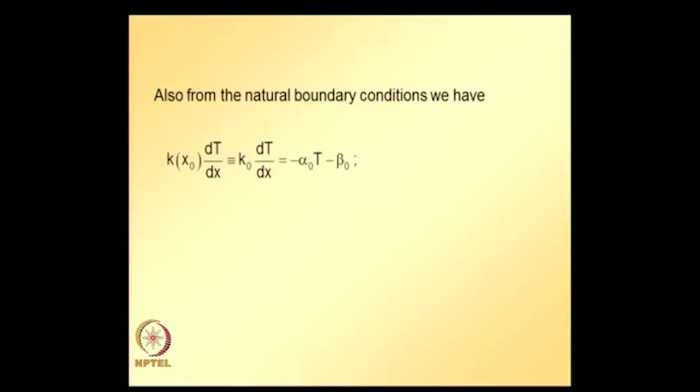So from natural boundary conditions that are given, we have this equation, and also we have this equation from natural boundary condition that is specified at x is equal to xl.